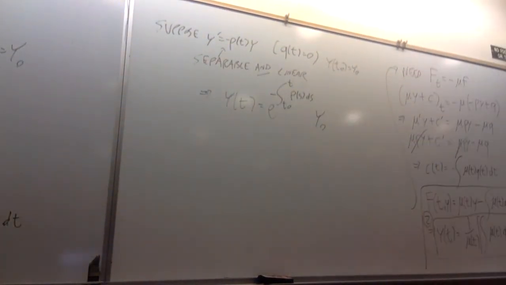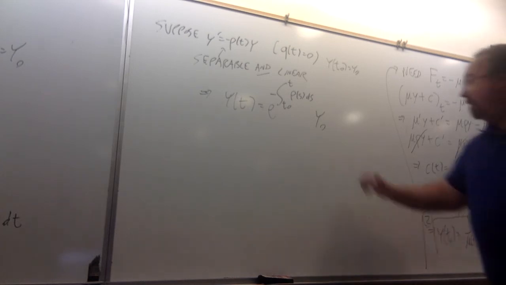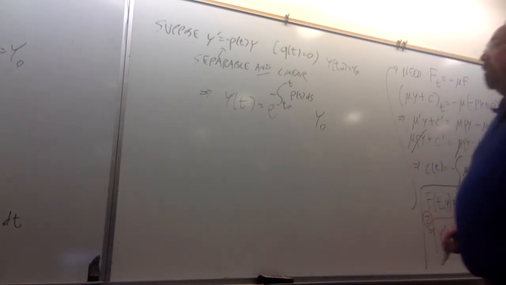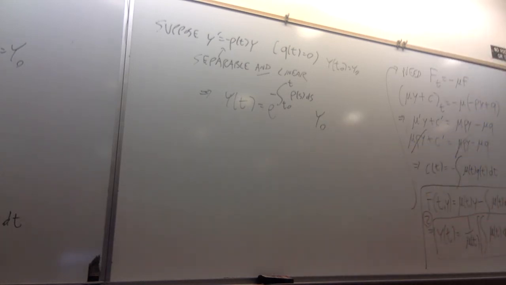Okay, so that's a solution formula that takes into account the initial condition. Whether you treated this as a separable equation and used the approach from last time, or treat it as a linear equation, this is your solution.